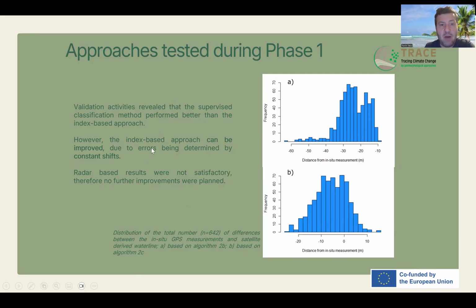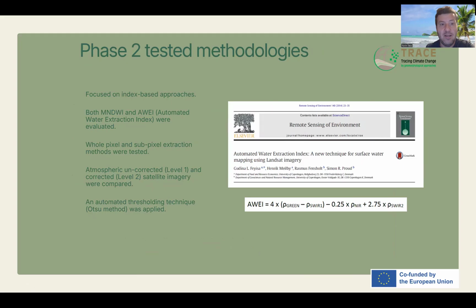However, the index-based approach can be improved due to errors being determined by constant shifts. One important conclusion was that the radar-based results were not satisfactory, so we didn't take them into consideration for the second phase.